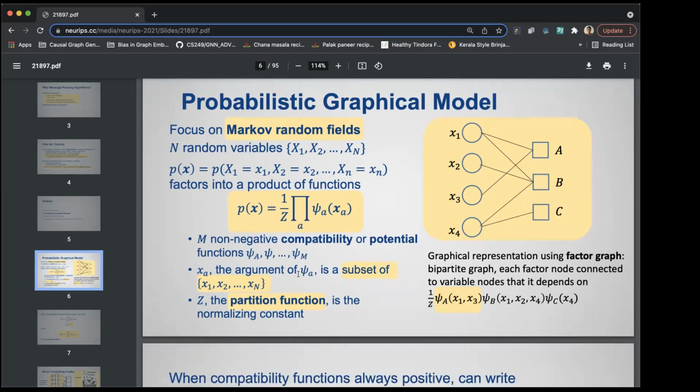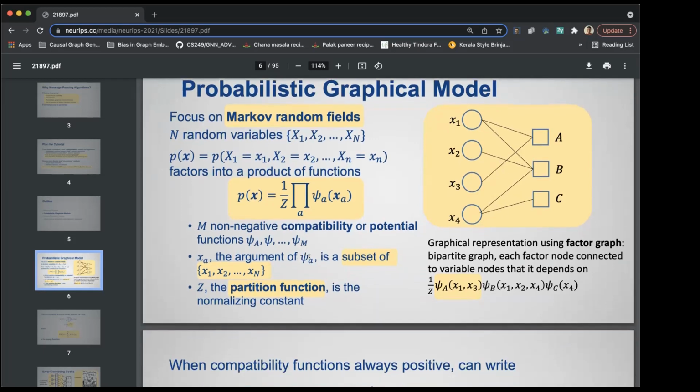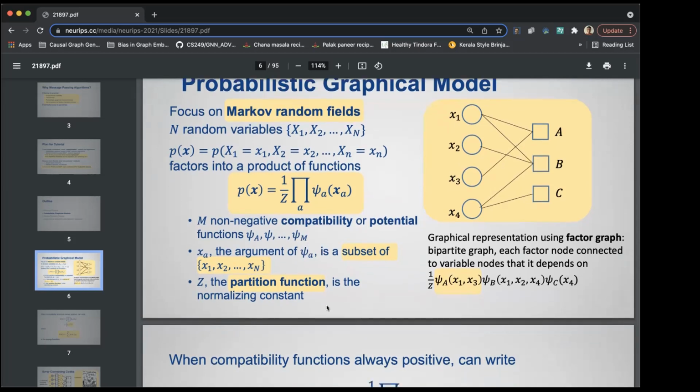In particular, we have m non-negative compatibility or potential functions phi a to phi m, and xa, the argument of any potential function phi a, is going to be a subset of the instantiation of these n random variables. And then Z, as I said before, is the partition function.